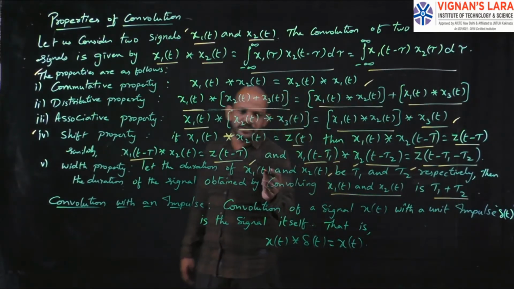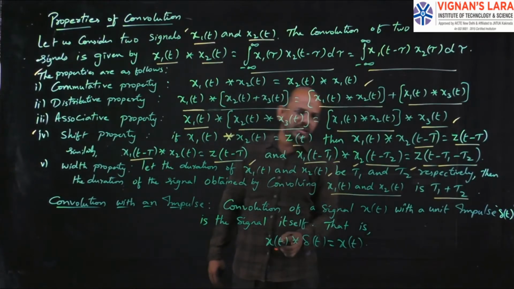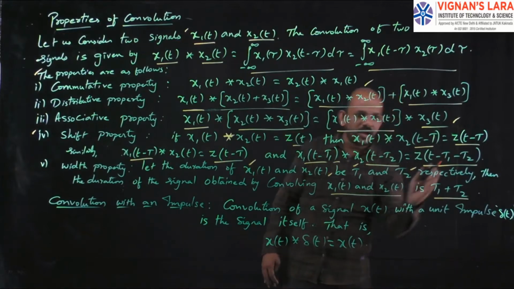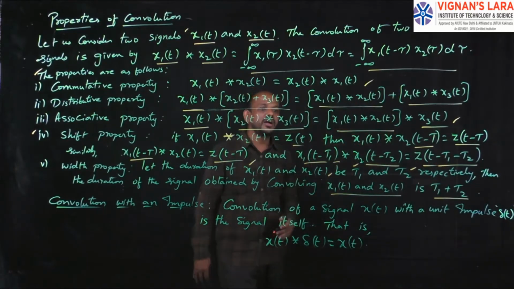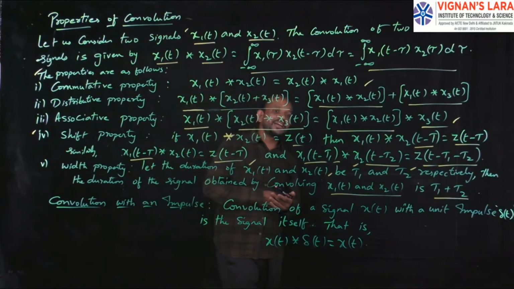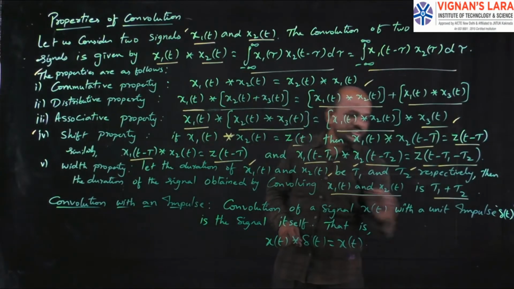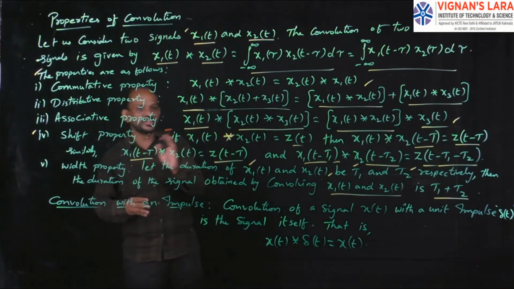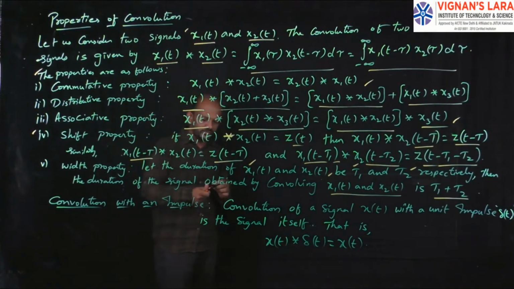So x1(t) convolution x2(t) will have a duration T1 plus T2. Okay, so this is regarding the width property.